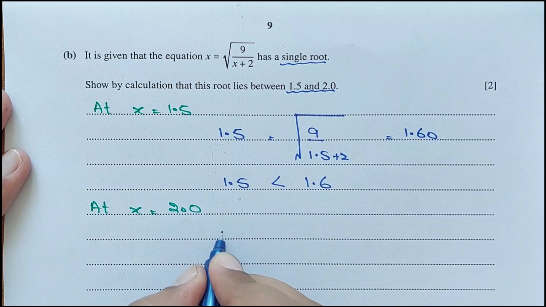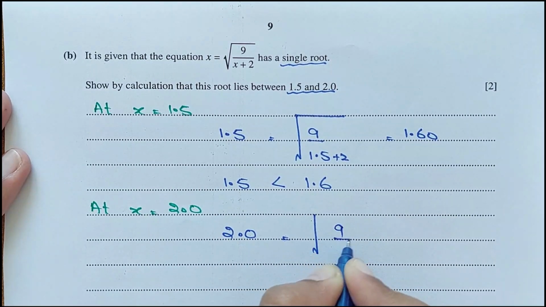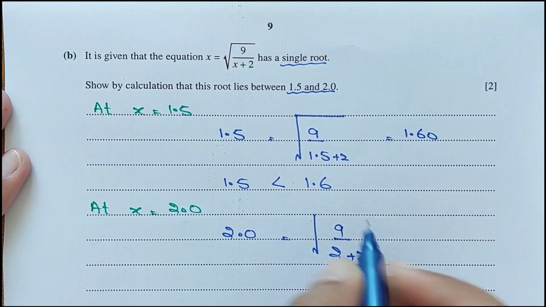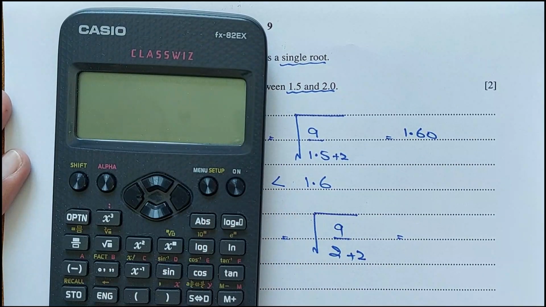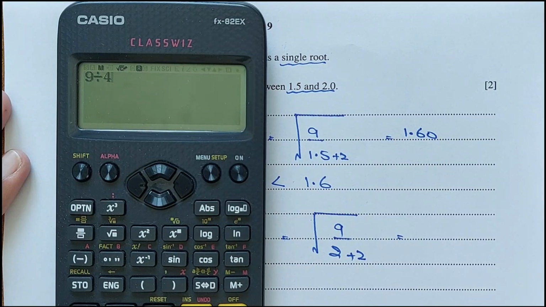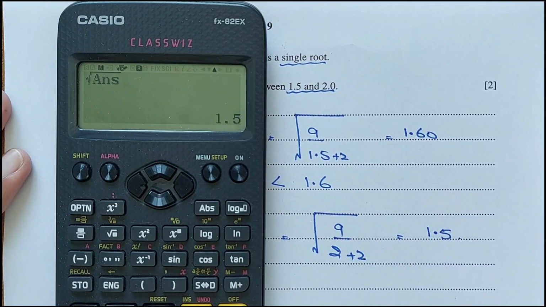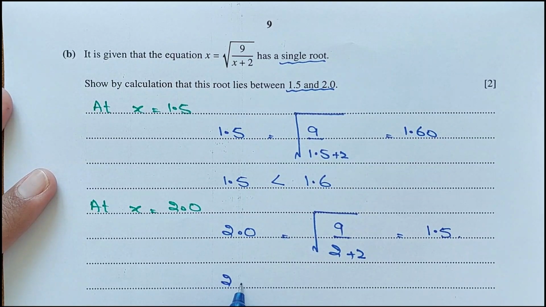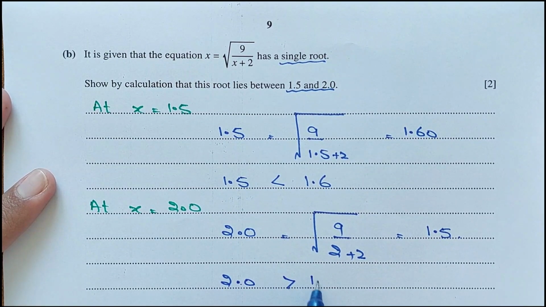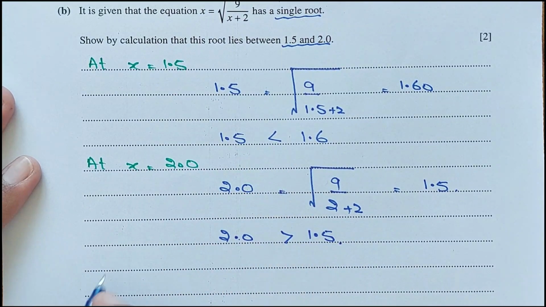So when x is 2.0, this would be the square root of 9 over 2 plus 2. Okay, so this would be 9 divided by 4, and the square root of the answer would be 1.5. Now we can say 2.0 is greater than 1.5. So as you can see, the sign change occurs.